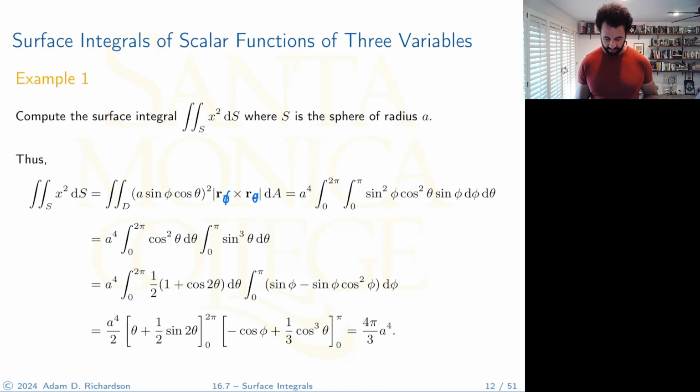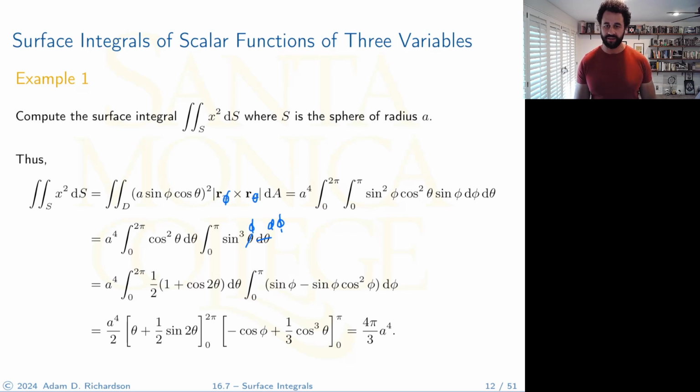Take note of, oh, I think there's another typo here. Hang on. Yep, another typo. Sorry about that. This should be a phi, and this should be a phi also. That should be d phi. What I was going to say is that this and this are functions of phi, and this is a function of theta.